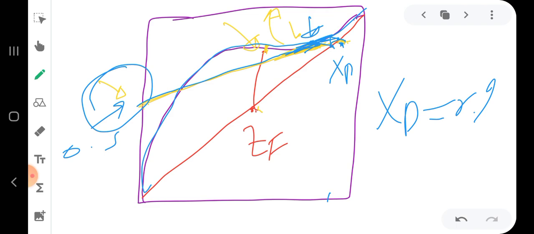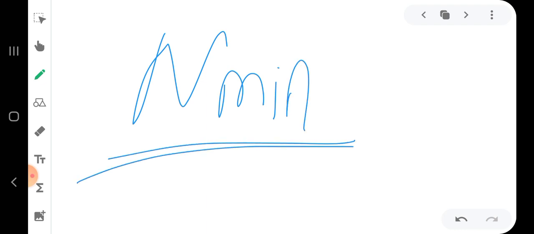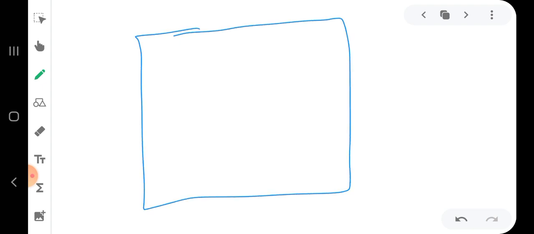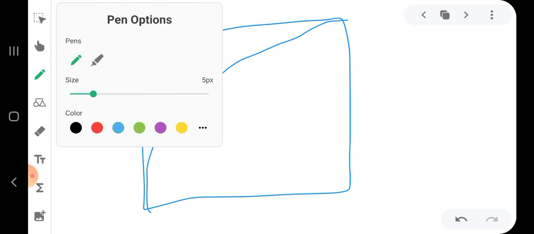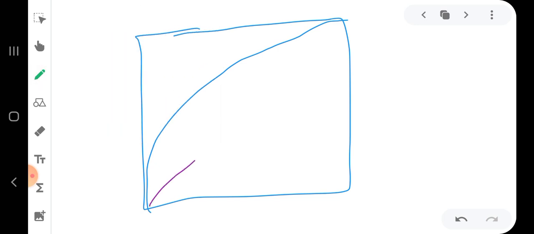Now let's take the opposite case where we want, for example, to determine the minimum number of required stages. What we're going to do is draw this equilibrium curve and then draw the 45-degree line, and then determine the xd point.